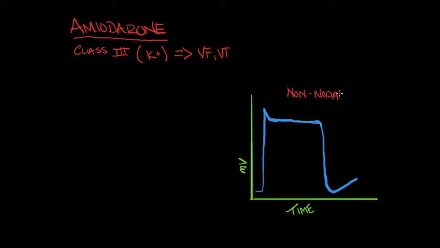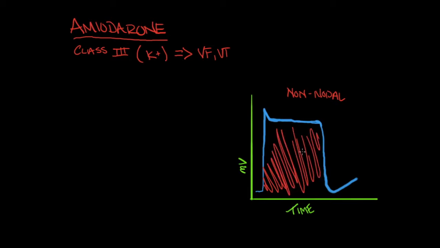action potential. And if we remember with our antiarrhythmics, we're trying to affect this area under the curve, because this area under the curve relates to the refractory period. So no other conductions can happen during this time. Class 3 antiarrhythmics are going to affect phase 3 of our non-nodal action potential.